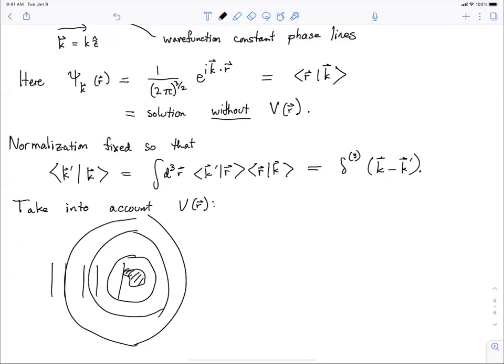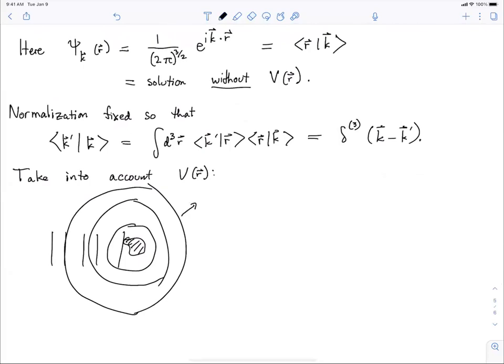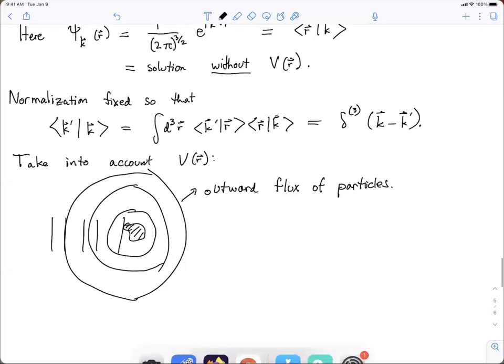These are, again, lines of constant phase. And these describe an outward flux of particles. And so not today, but next time we will be figuring out exactly how we describe the outward flux of particles with these waves going out.